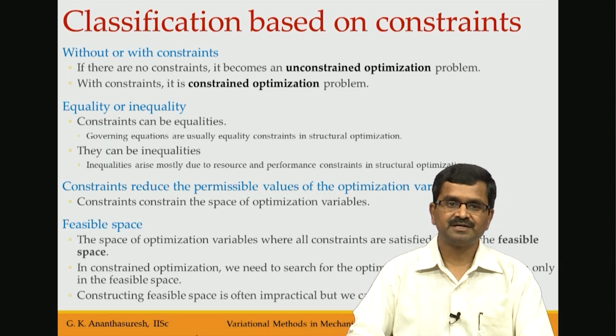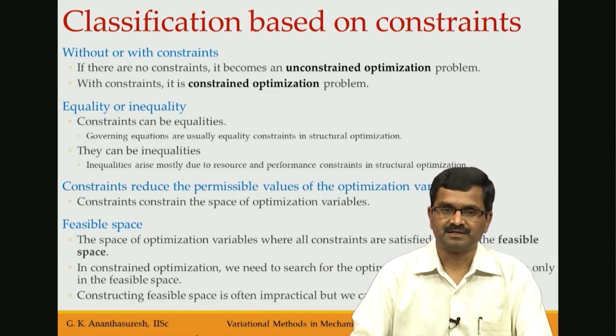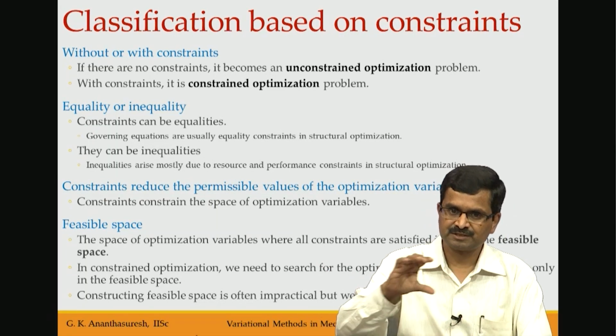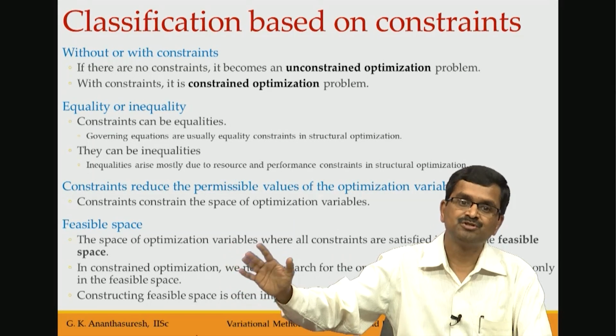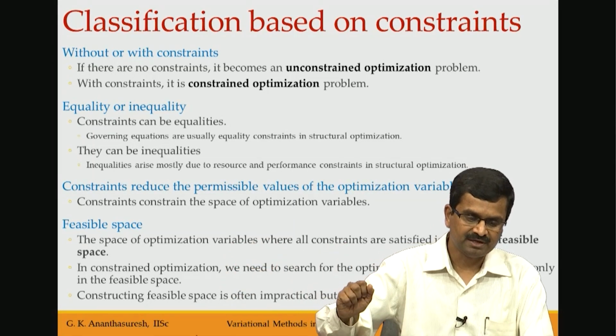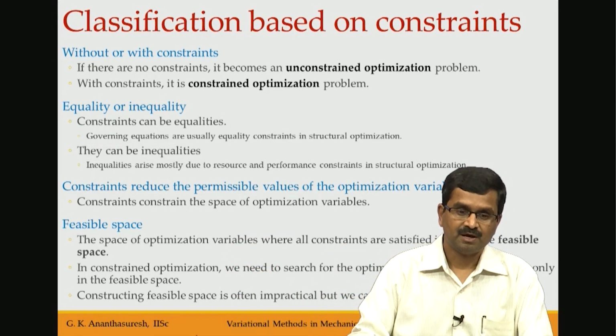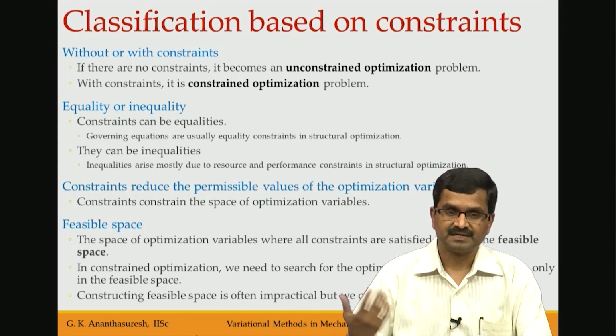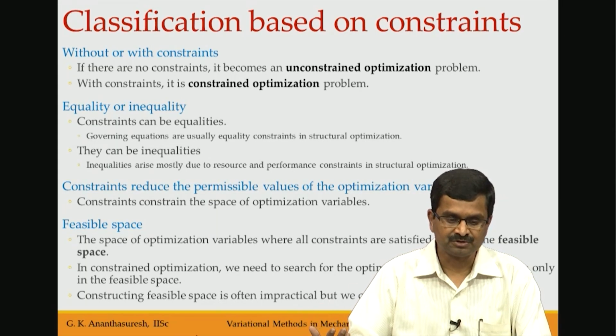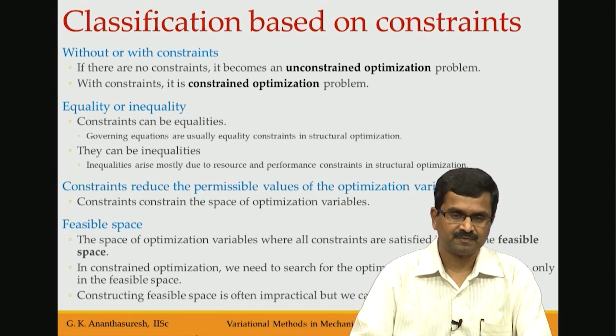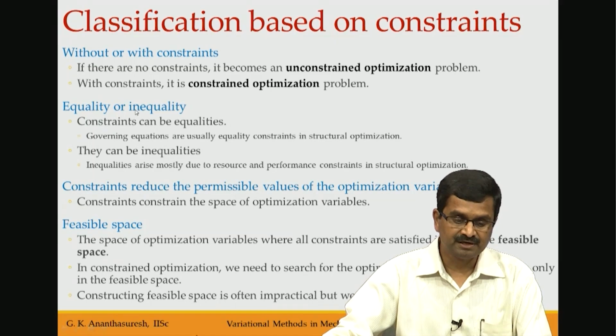When you have constraints, constraints can be equalities. Okay. There is an expression equal to something, usually we write it as 0, that will be equality constraint problem. You can also have inequality constraints, less than or equal to 0, greater than or equal to 0 of an expression. Okay. So, constraints can be equality constraint, inequality constraint.